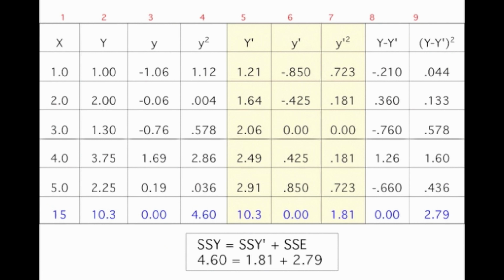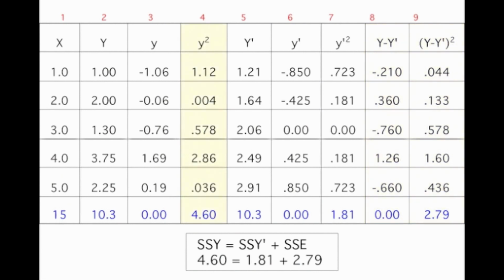The seventh column, small y prime squared, is the square of the small y prime column. The next to last column, Y minus Y prime, contains the errors of prediction, consisting of the actual scores, Y, minus the predicted scores, Y prime. The last column contains the squares of these errors of prediction.